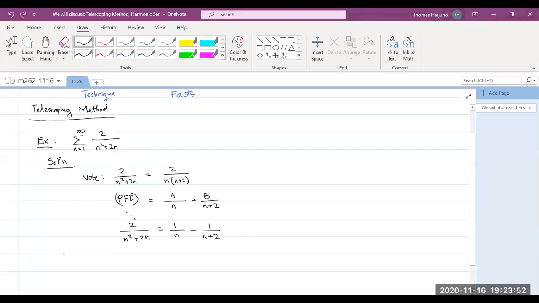So, the infinite sum from n equals 1 to infinity of 2 over n squared plus 2n is equal to the sum from 1 to infinity of 1 over n minus 1 over n plus 2. Is it okay so far?